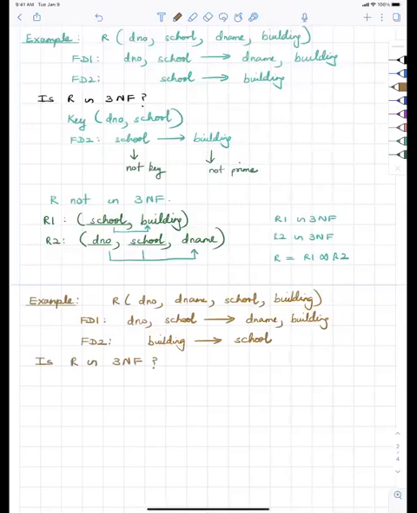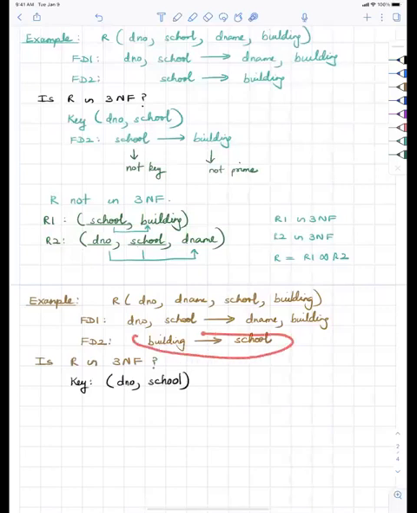So the first thing is, what is the key? If you look at FD1, D number and school determine all the other attributes. So D number, school is a key, but it is not the only key out here, because you are also given FD2, which is building determines school.